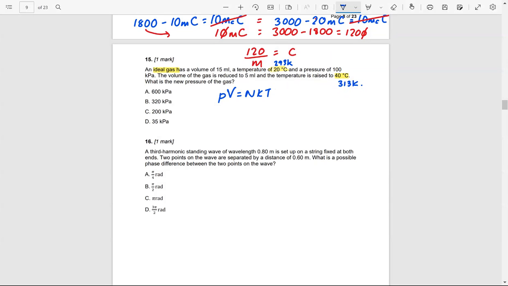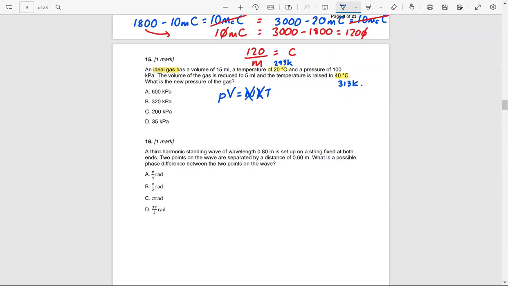Now it's saying we're going to change the volume of the gas. We're not going to change the number of moles in the gas. So what I'm going to do is cross out the constants. That's just going to make life easy for me. I'll keep the equal sign there. I should really change it to a proportional sign, but I'll just keep it there just to keep it nice and clean.